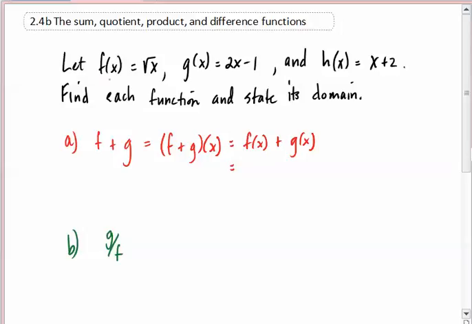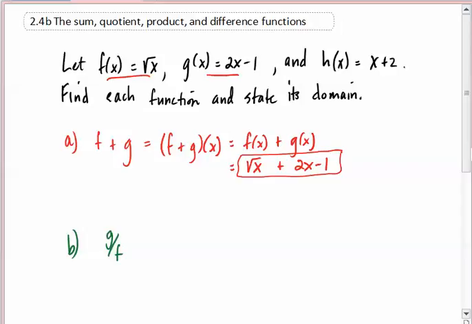We have the f function here, that's the square root of x, and the g function here, which is 2x minus 1, and we really can't do anything else with that. That's our resulting function. Now, the directions do say to state the domain of the new function.